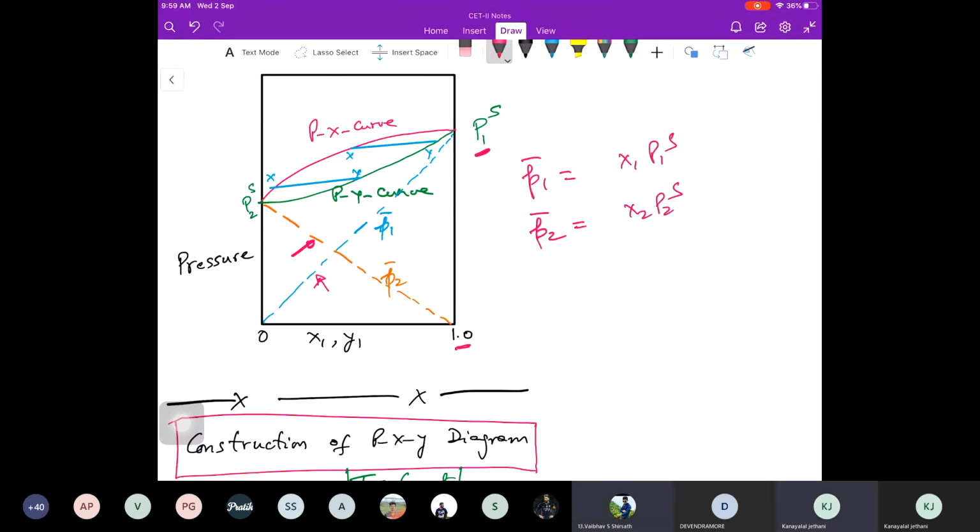P1s, right? And at x equal to 0, 0, right? So at x equal to 0, P1 bar is equal to 0 by this equation, and at x equal to 1, P1 bar is equal to P1s, ठीक है? So this gives a straight line, बराबर है? समझ में आया वो P1 bar कैसे होगा dotted line blue वाला?